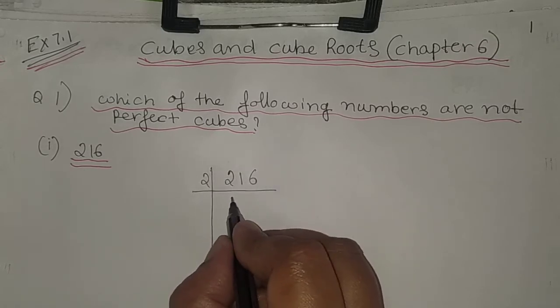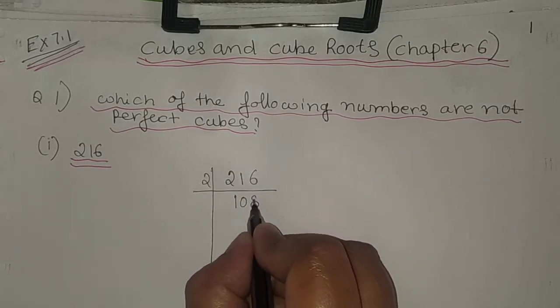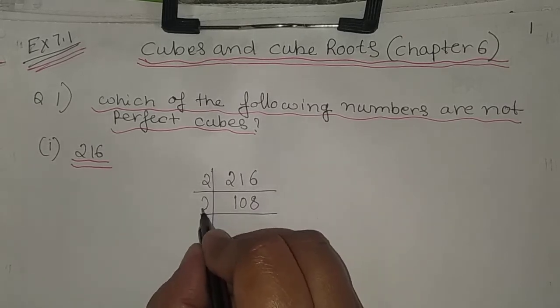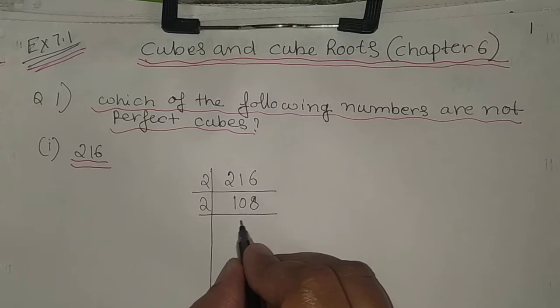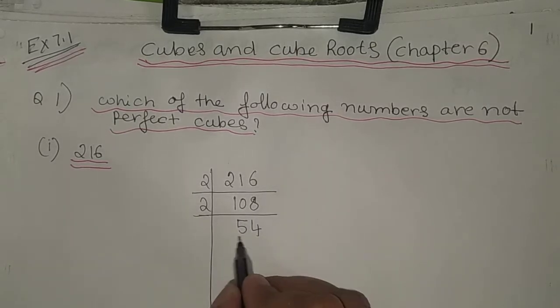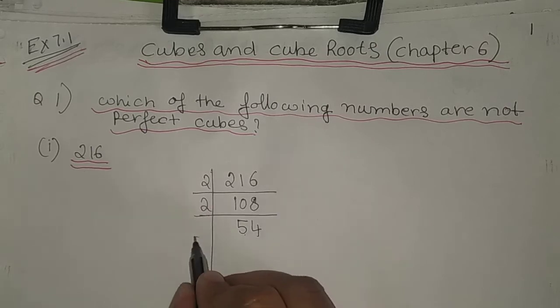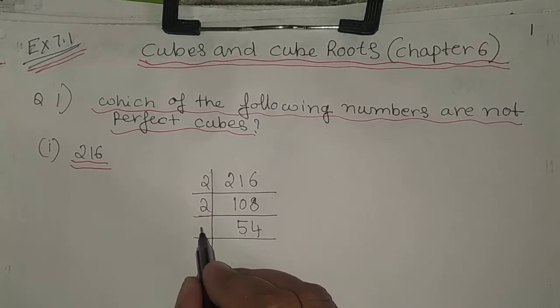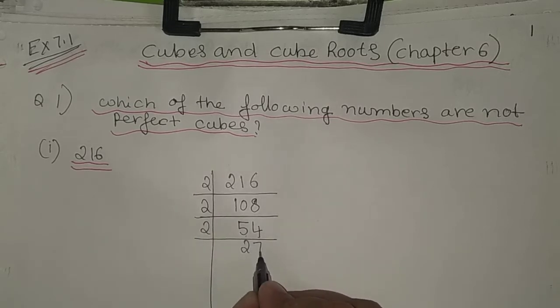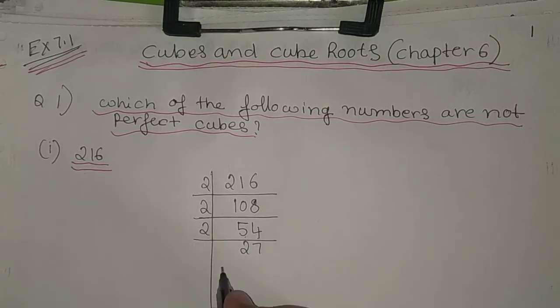216: 108 into 2 will become 216. Again we have to take 2. Therefore it is 54 into 2 is 108. Next step is 54 we have got, again 2 we will have, then 2 into 27 is 54.